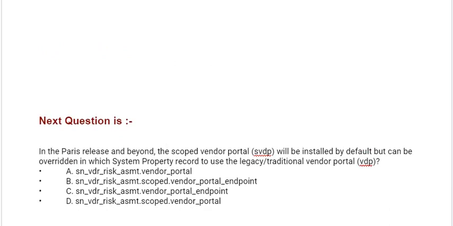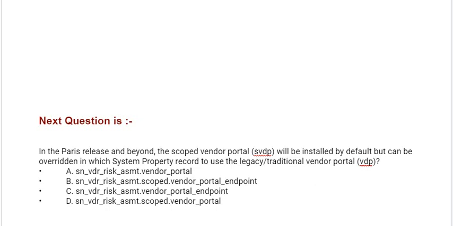Next question is, in the Paris release and beyond, the scoped vendor portal SVDP will be installed by default but can be overridden in which system property record to use the legacy traditional vendor portal VDP. Option A, sn_vdr_risk_asmt.vendor_portal.